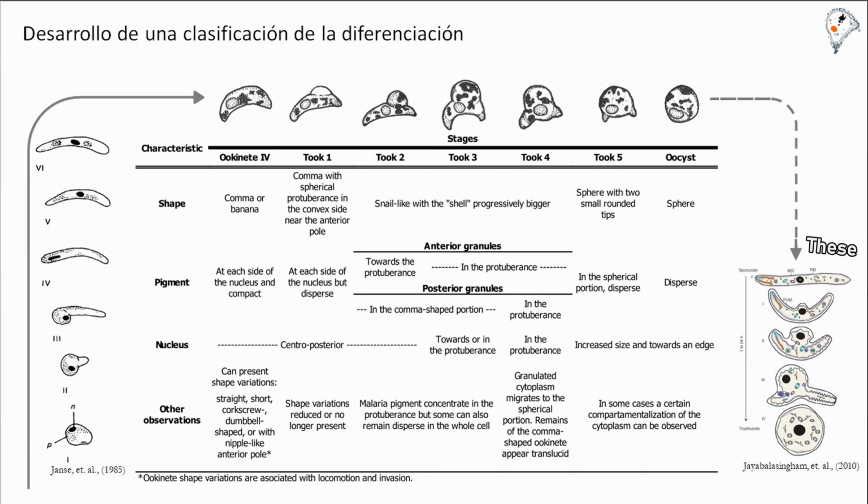When the mosquito finally injects the sporozoites into the vertebrate host, for example us, then the sporozoite invades the hepatic cells and then it differentiates into a trophozoite. And it happens in a very similar way to what I have described happens during the differentiation process in the mosquito midgut.